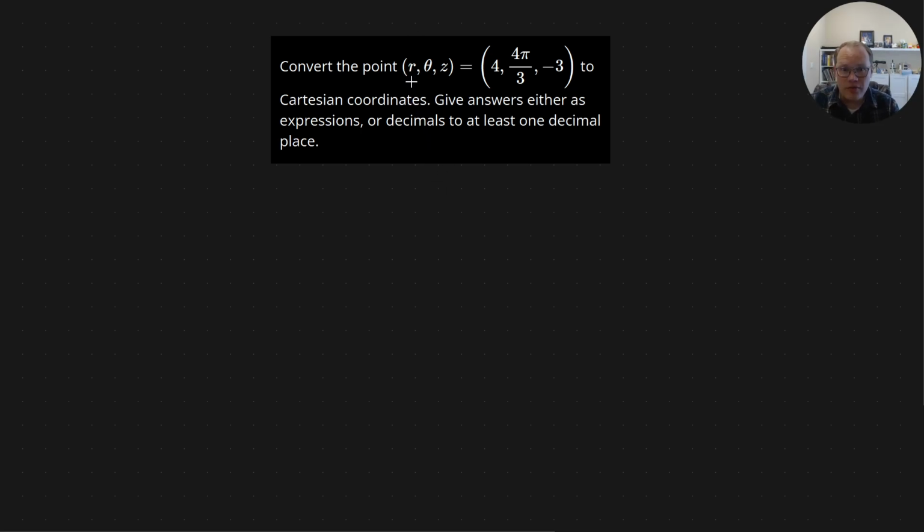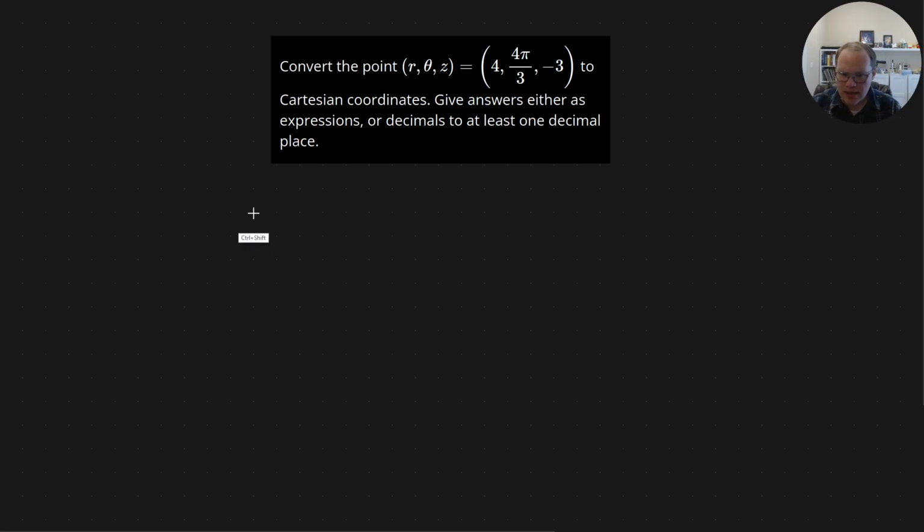They have the cylindrical variables, right? r and theta, those are the polar variables, and then with that, I just tack on the additional variable z. Put those three together, and that is the cylindrical variables. So we want to convert this point to coordinates using the rectangular coordinate system.